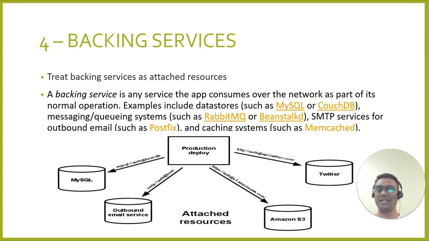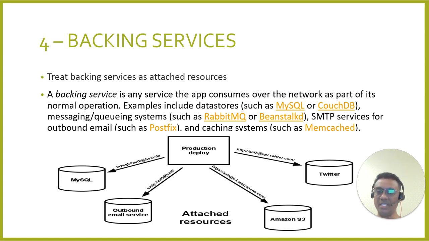Next, the fourth 12-factor is backing services. So what are backing services? When we develop an application from scratch, like in a Java project using Java and Maven, we will of course be dependent on event systems like Kafka or RabbitMQ, or on a cache like Redis or Memcached. All these backing resources should be treated as attached resources, meaning there should be a URL, authentication, host, and port defined in the configurations, and it will differ for each deployment environment.